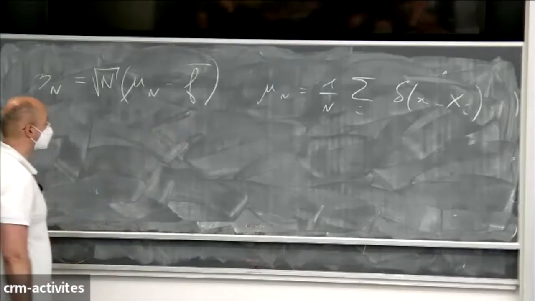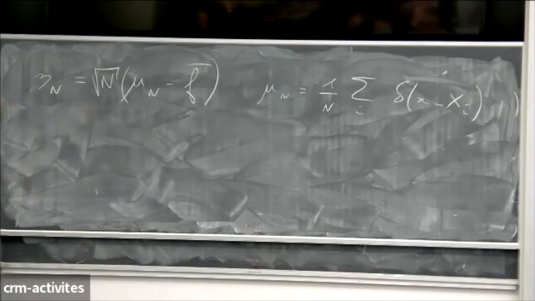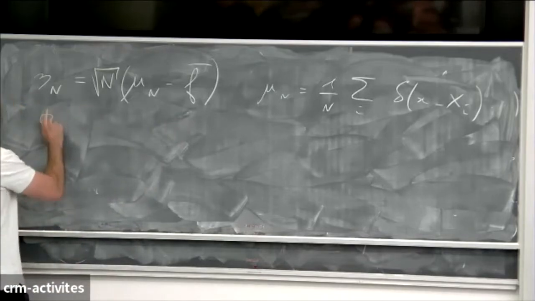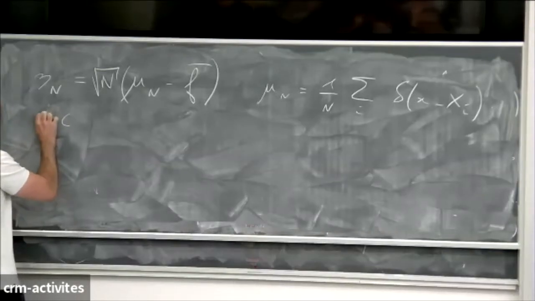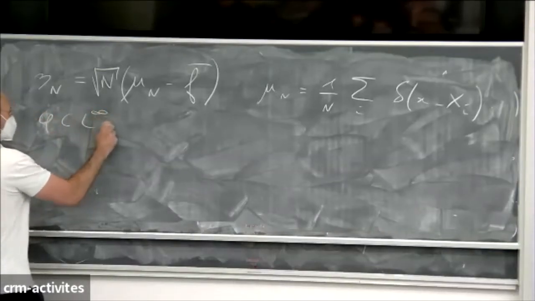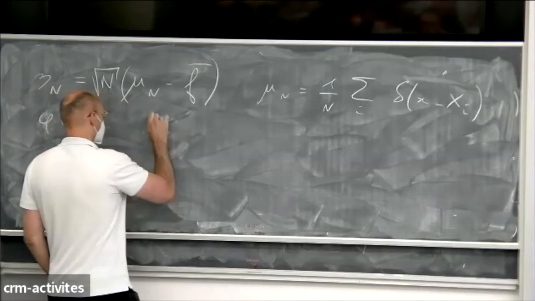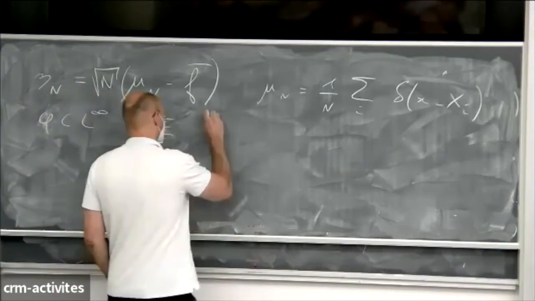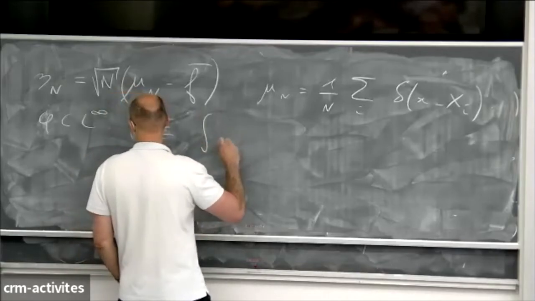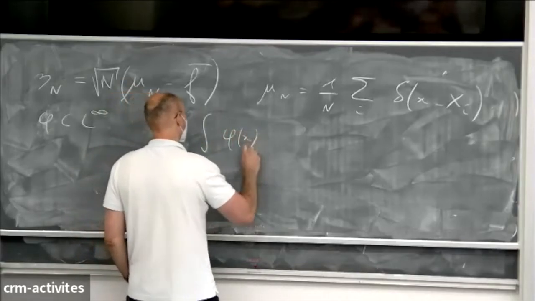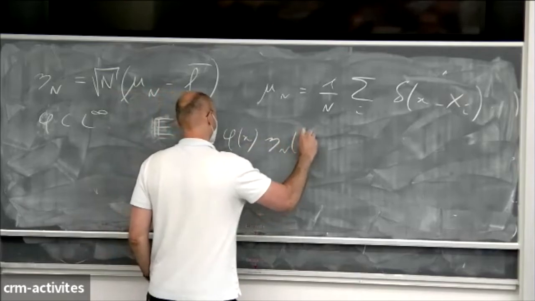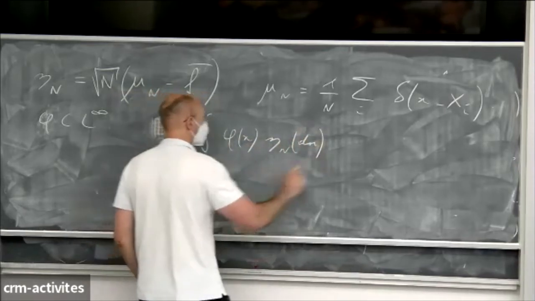This gives me a bound on that. Test function: take a small phi, now infinity, and now calculate the expectation of the integral of phi of x, mu n dx, and let's put a square, right?